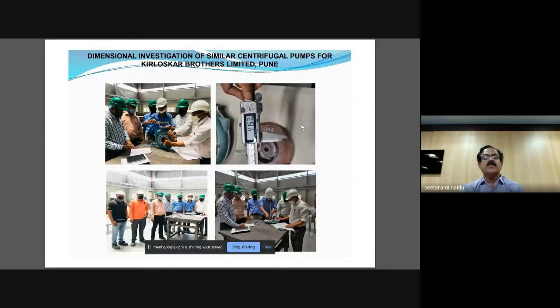This is some investigation we have done for Kirloskar Brothers Limited, Pune. This is ongoing. We are investigating with dimensional measurements, the type of pump, design of pumps. But here, what they have suspected is, Kirloskar is very good for fast-moving, typical Kirloskar pumps.